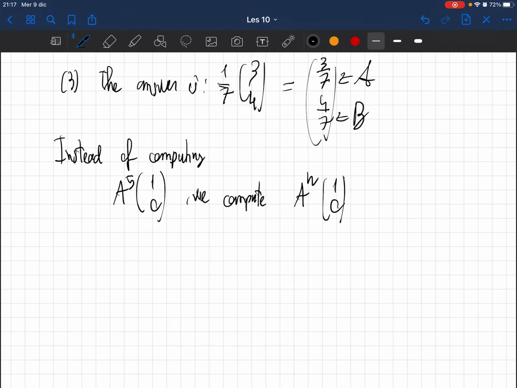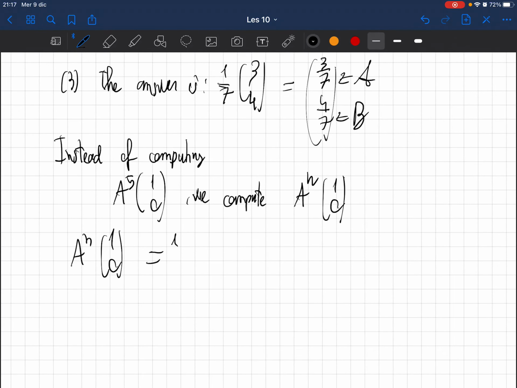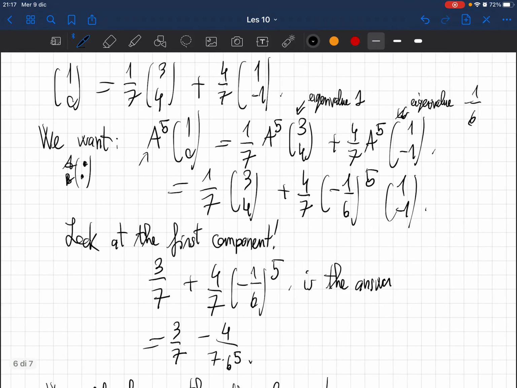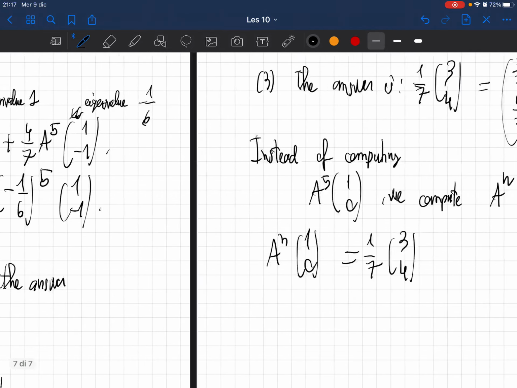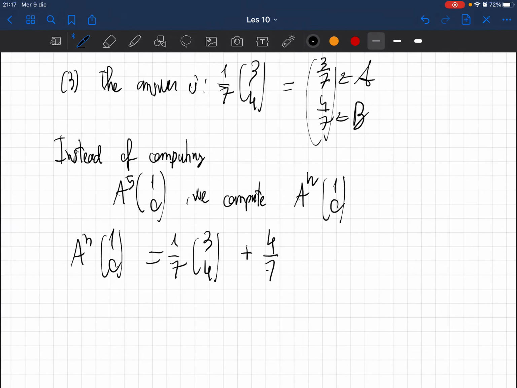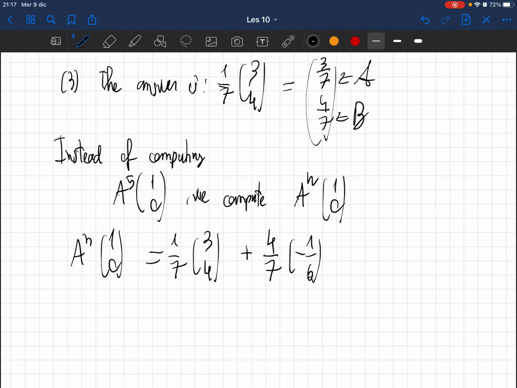I mean, actually, the computation doesn't change. You just have to replace n where you had a 5. So it's actually just 1 over 7 times 3, 4, plus 4 over 7 times minus 1/6 to the nth power times 1, minus 1.